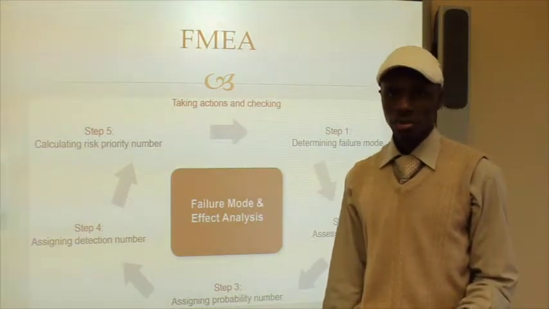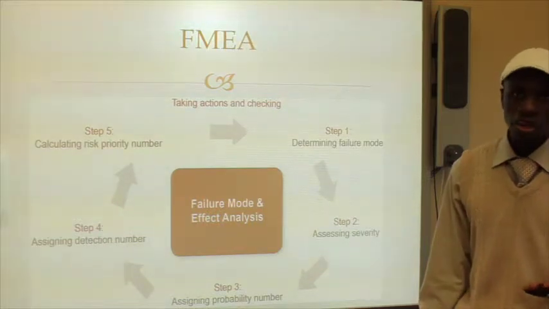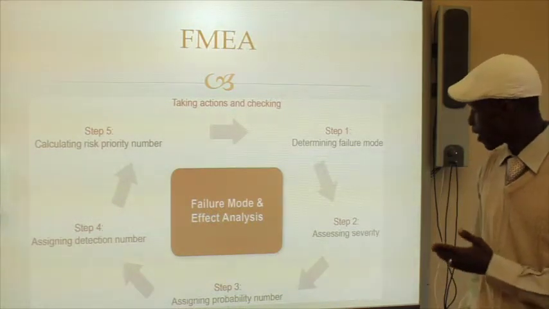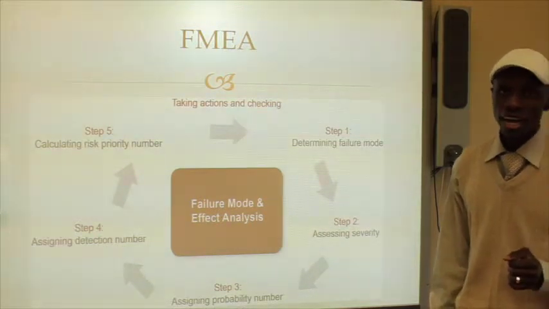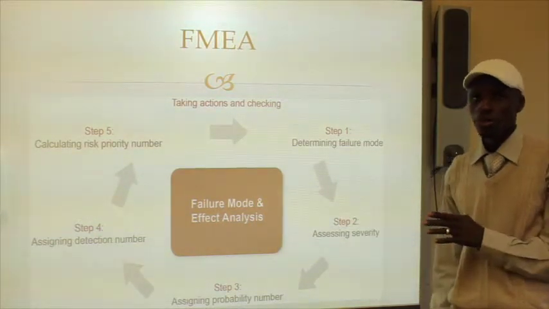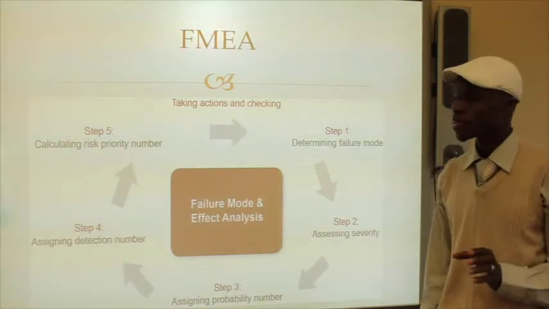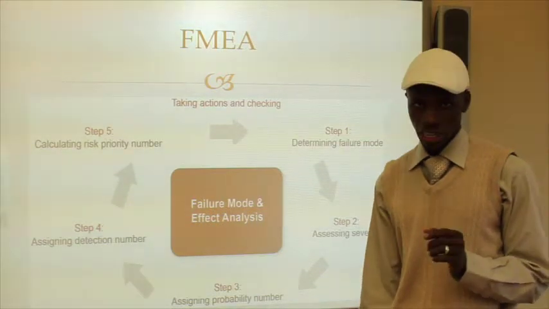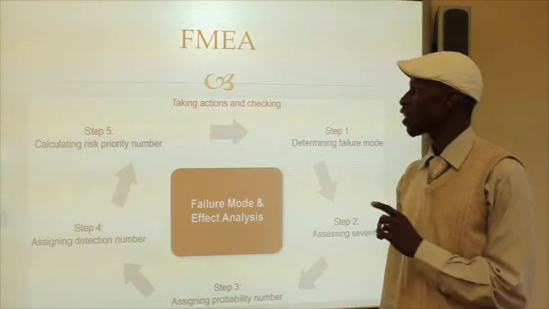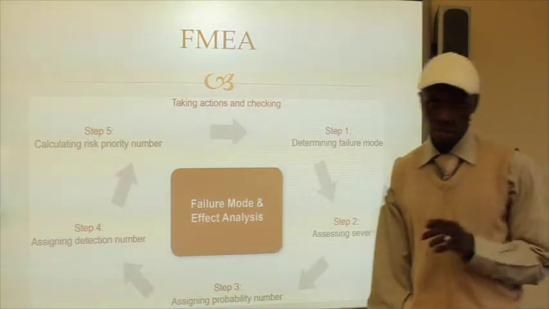The first step is determining the failure mode, the second step is assigning the severity, the third step is to assign a probability number, the fourth step is assigning a detection number, and the last step is calculating the risk probability number.